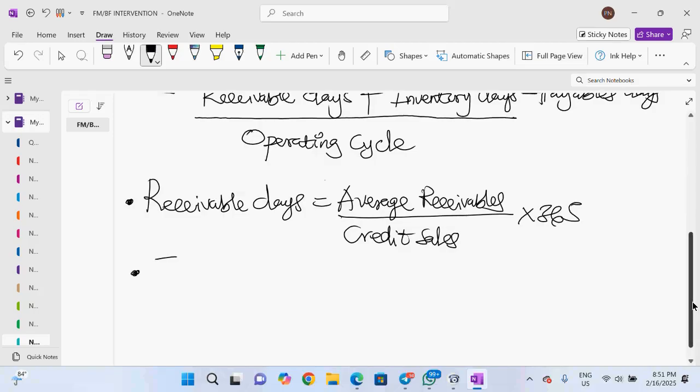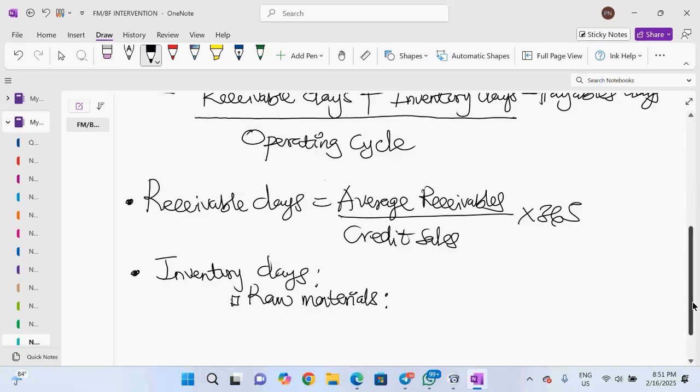And we move to the inventory days. With the inventory days, we have raw materials, right? Your inventory can be your raw materials. What is the formula for the raw materials?